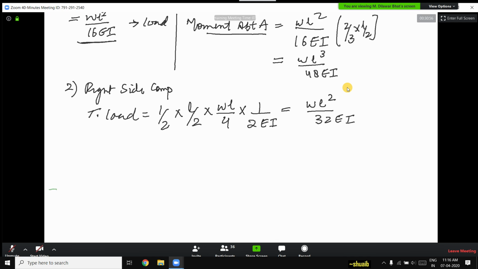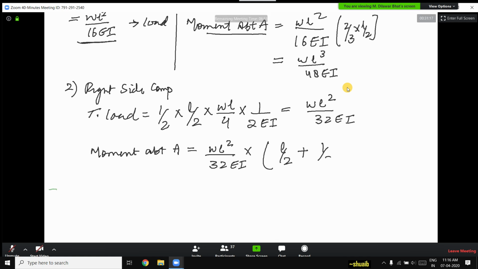Fine. Again, calculating the moment about A. That will be equal to WL square by 32 EI multiplied by 1 by 3 of L by 2, plus L by 2.